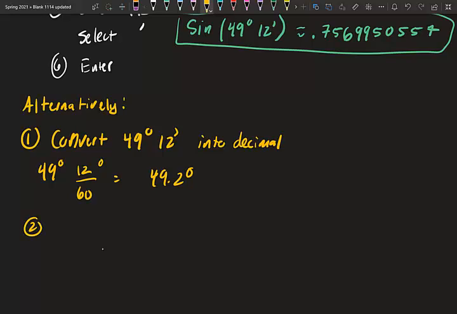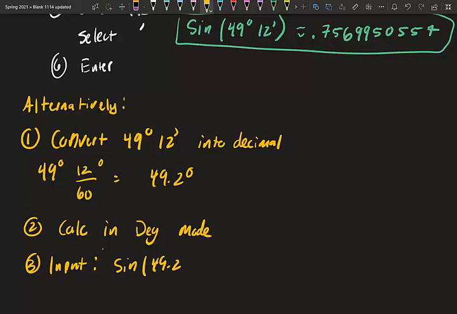I forgot to show you. When your calculator is in degree mode, you're going to input sine 49.2 and just hit enter. So you do it the alternate way. If you don't want to do second apps, you could just convert it into decimal.